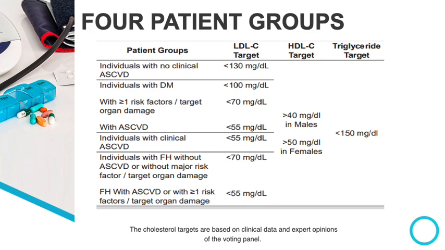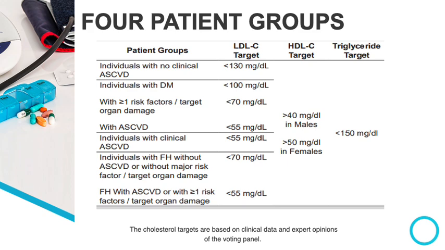The third subgroup involves individuals with clinical ASCVD wherein the target LDL is less than 55 milligrams per deciliter. The last subgroup are those with familial hypercholesterolemia, which targets a lesser LDL level of less than 70, even without the presence of ASCVD or major risk factors and target organ damage.